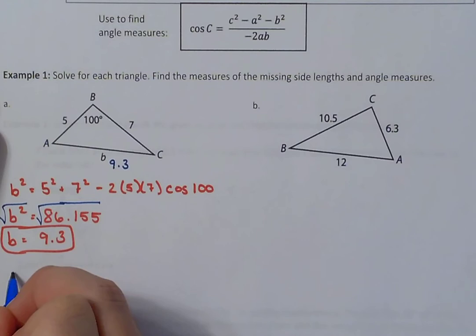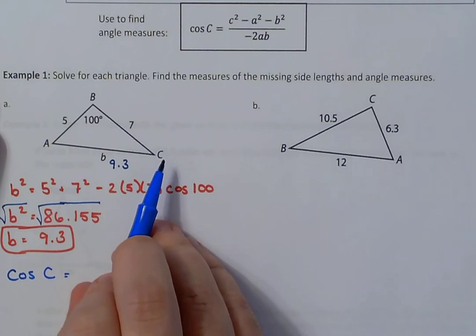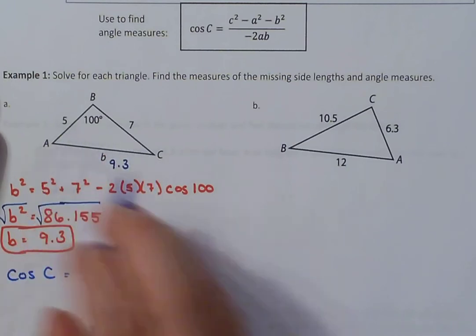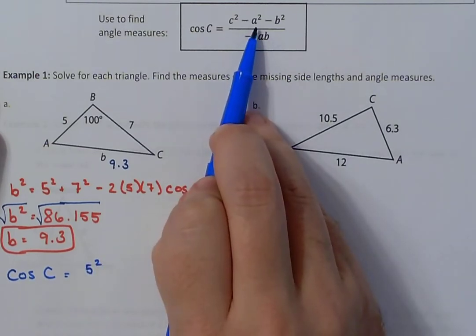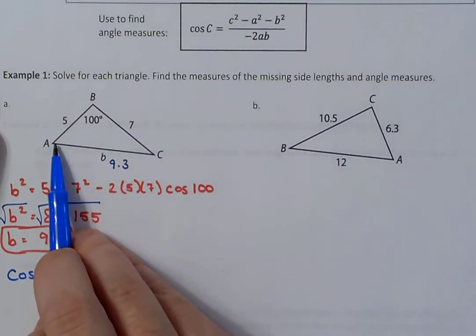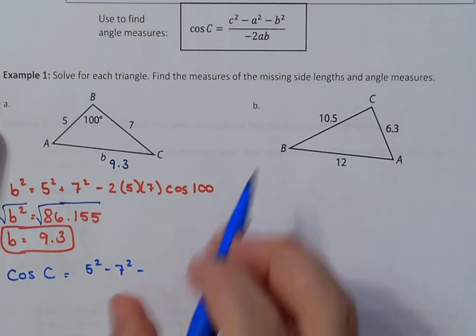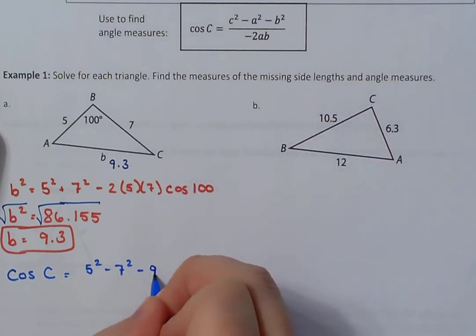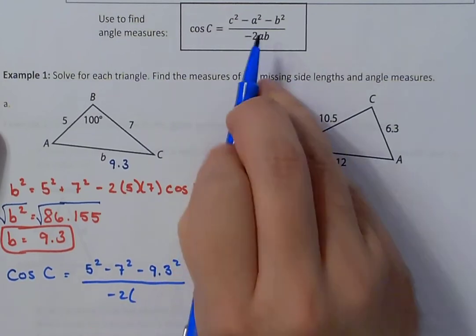So if we're going to set it up, it's cosine C, because we don't know the measure of angle C yet, then it's C squared. The side C is opposite angle C, so the side opposite is 5, so it's 5 squared, and then it's minus A squared minus B squared, so side A is 7, so it's minus 7 squared, minus B squared, well, the side B is 9.3, all over negative 2 times AB.